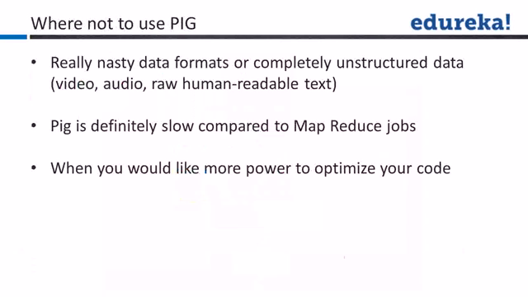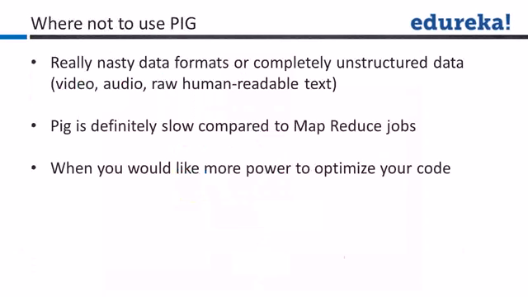Once you've figured out that this is the best program for me, then I will go ahead and convert that into a MapReduce job, because then the development time doesn't matter too much to me.